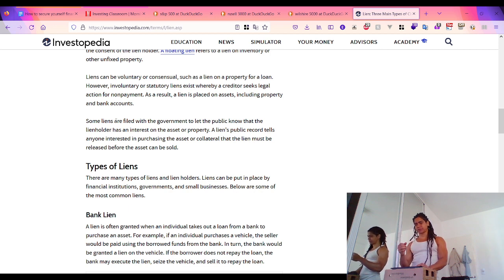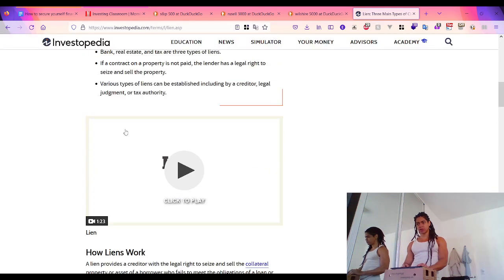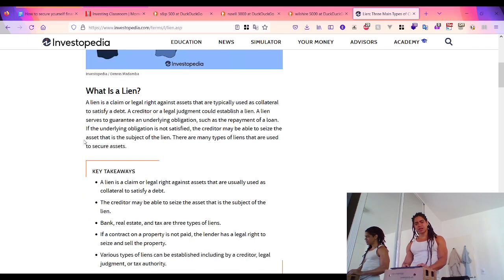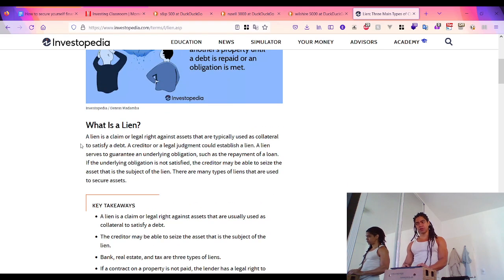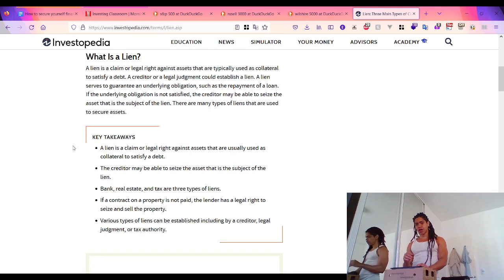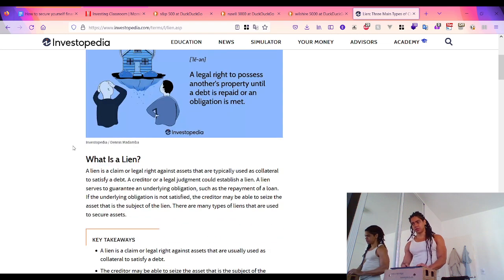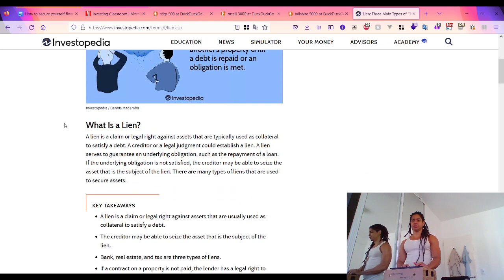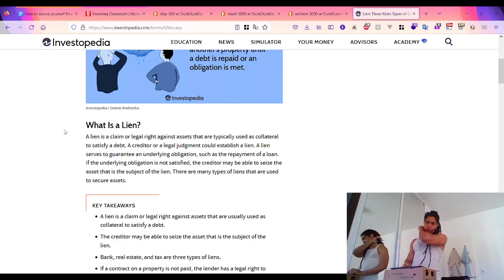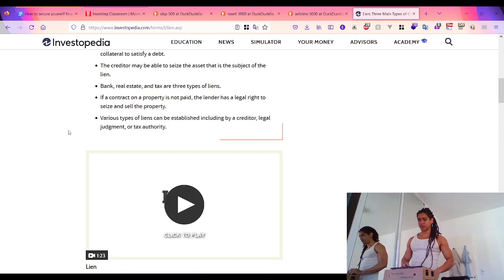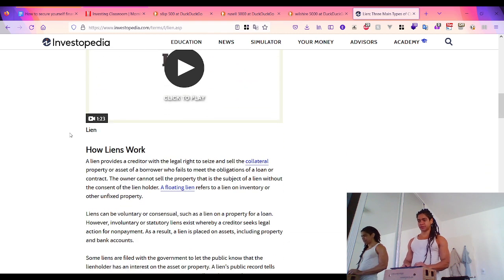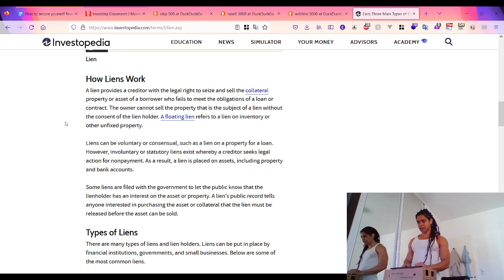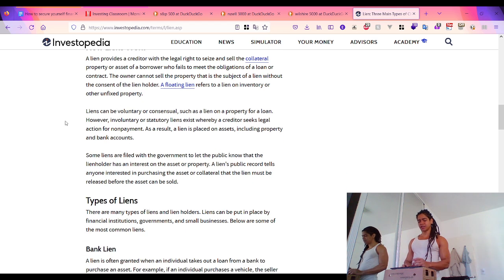This is the legal right that someone else has to possess your property until the debt is repaid or an obligation is met. And there are different types of liens, or gravámenes. Gravámenes en español, gravámenes.